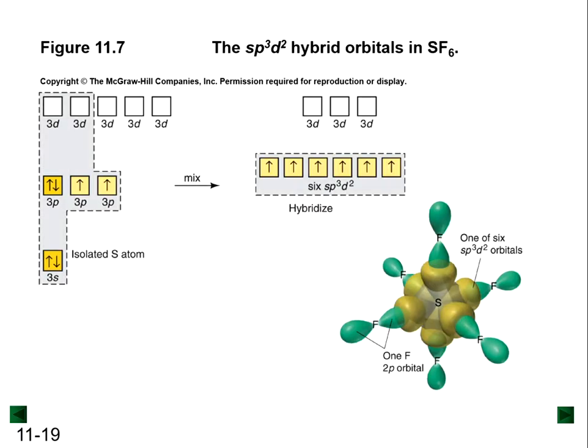The last one we'll look at is the octahedral system. The octahedral system has 6 electron groups. With 6 electron groups, we need 6 orbitals. Therefore, we need an s, 3 p's, and 2 d's, giving us the sp3d2 hybridized orbitals.